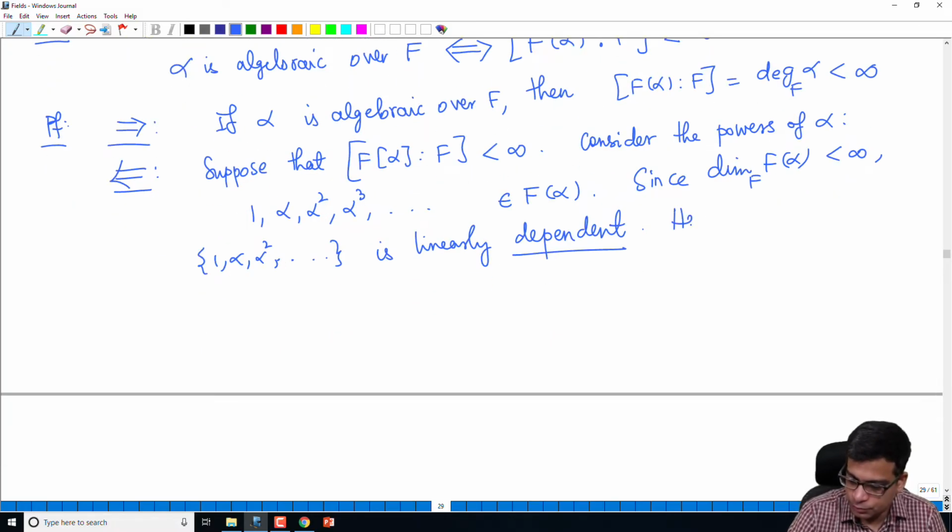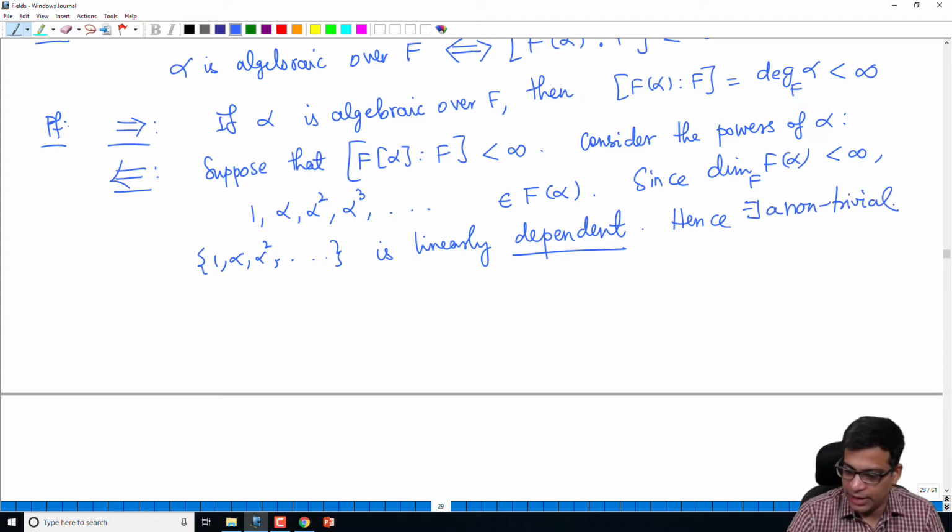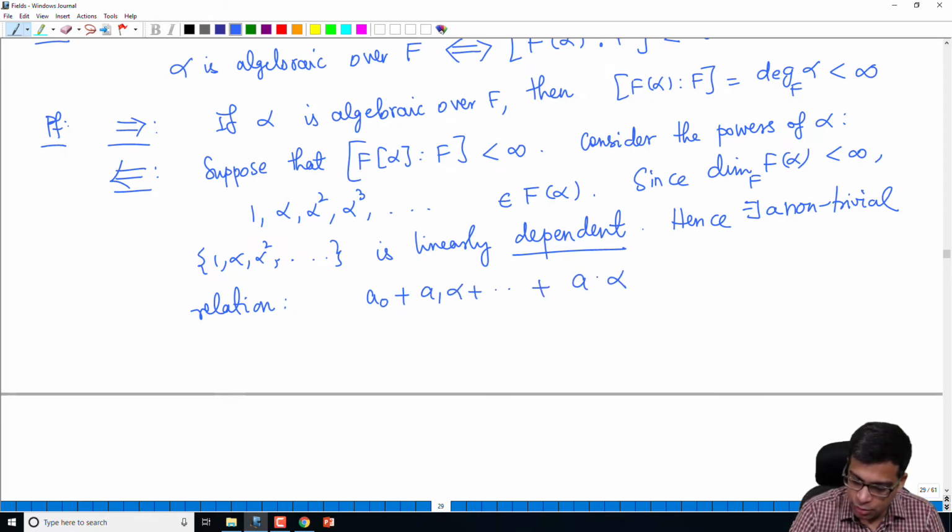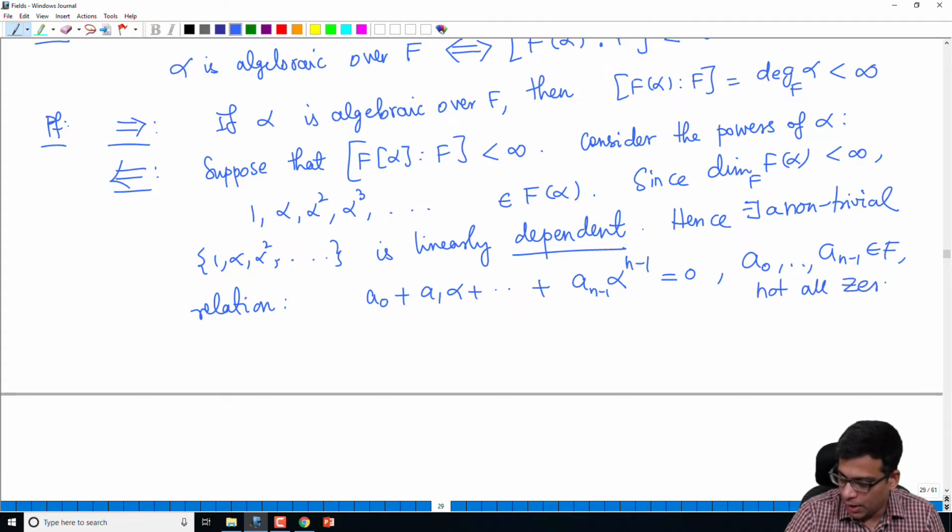Hence there exists a non-trivial relation. This is what it means for the set to be linearly dependent. So we can write a0 + a1 alpha + ... + a(n-1) alpha^(n-1) = 0 for some a0, ..., a(n-1) in F, not all 0. That is the whole point.